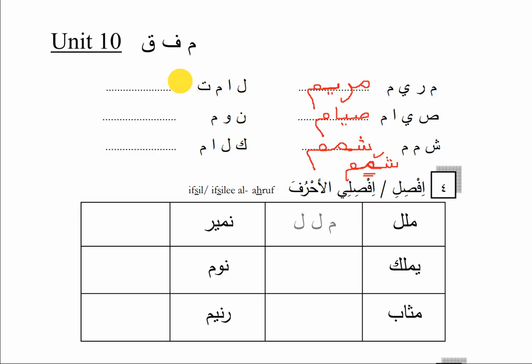So lam, and now lam alif. How are you going to write lam alif like this? No, it is totally wrong. How are you going to write lam alif? Do you remember in the previous video? Lam alif will be in between.